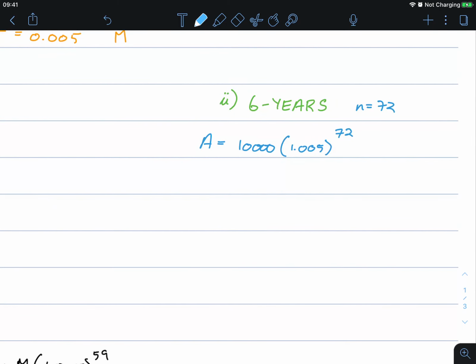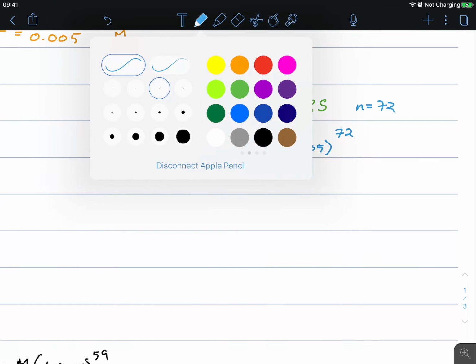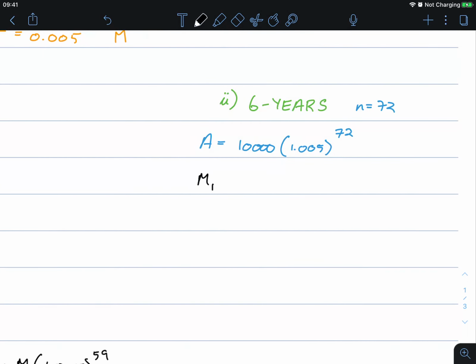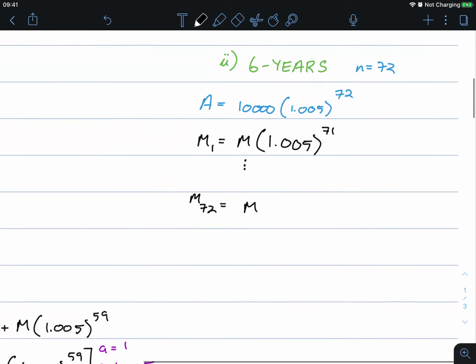We just do the very first payment, M times 1.005 to the power of 71. It's always one less than the total value of the loan. And we skip right down to the very last one where it's just m.